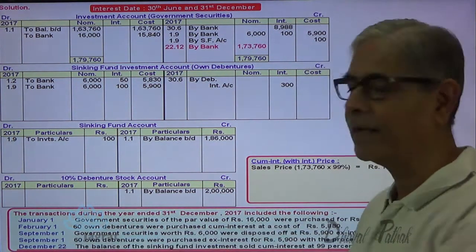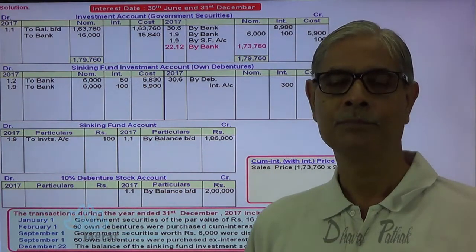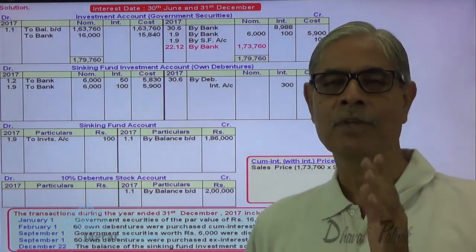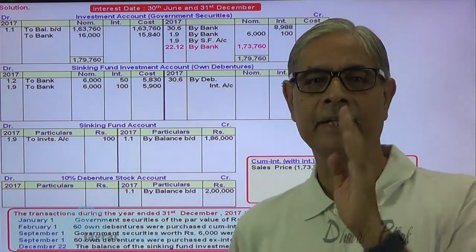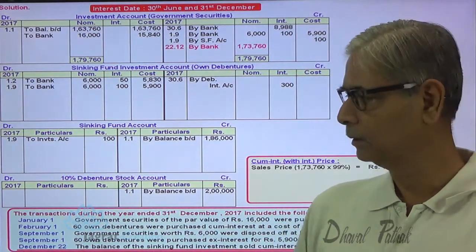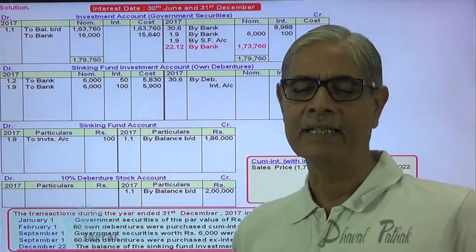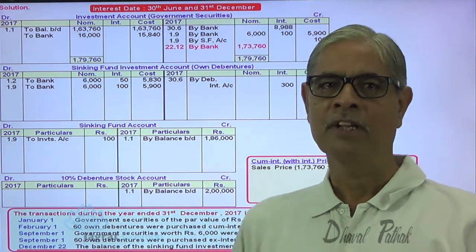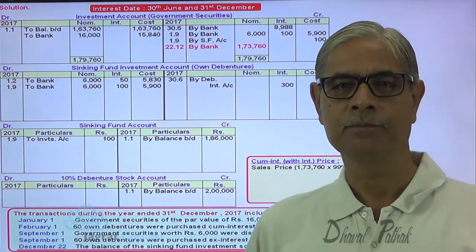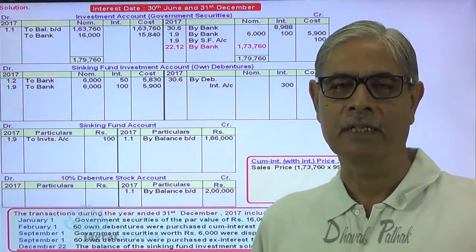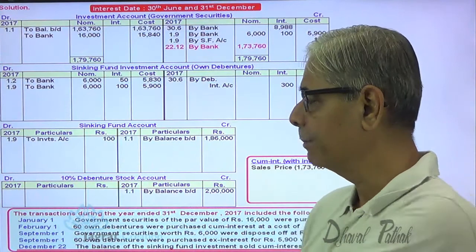Sales has occurred on 22nd of December. So I am required to work out the number of days from the last date of interest till 22nd December. The number of days I am required to calculate will start from July 31, August 31, September 30, October 31, November 30, December 22.